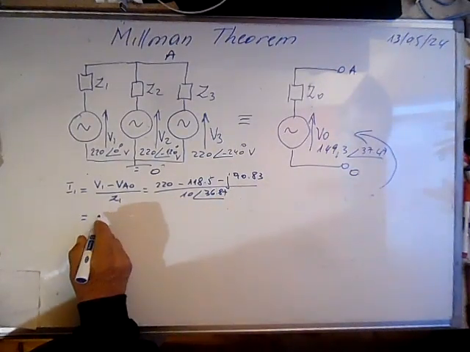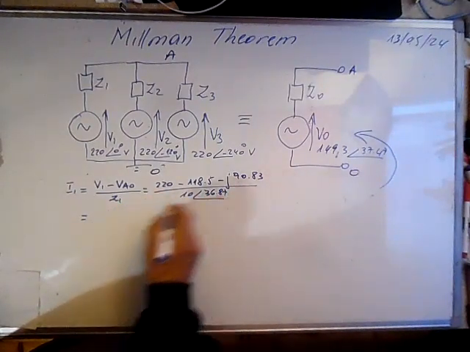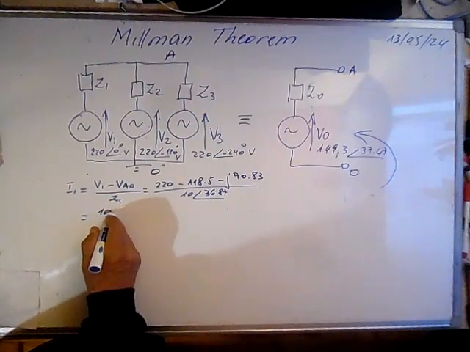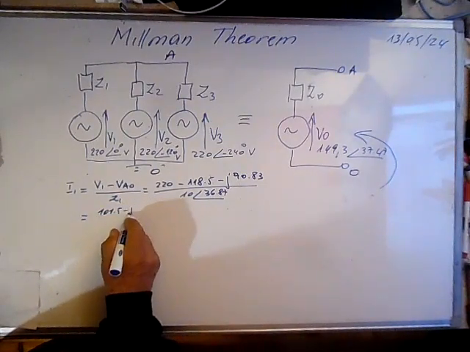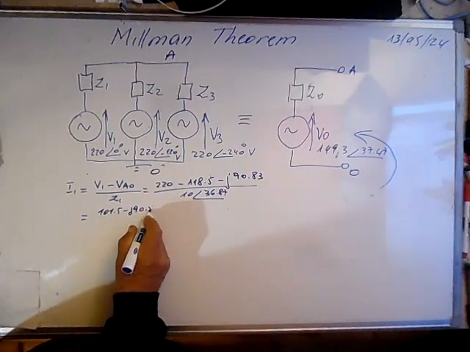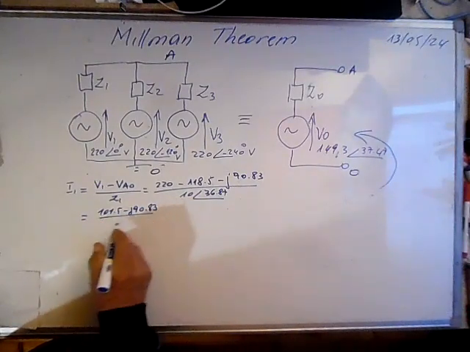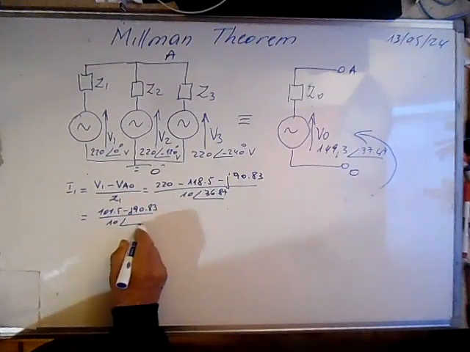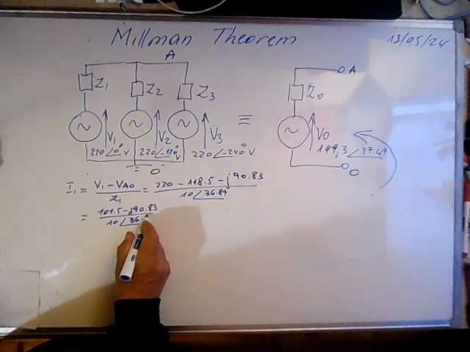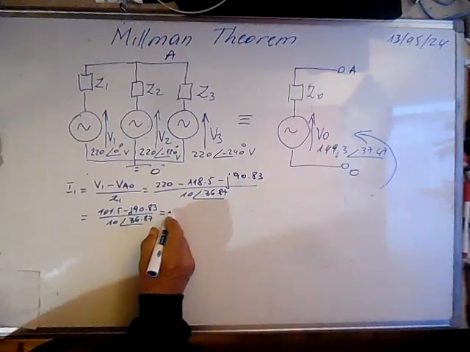I1 will be 101.5 minus j90.83 over 10 at 36.87.